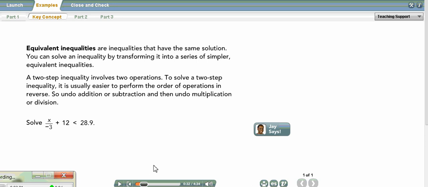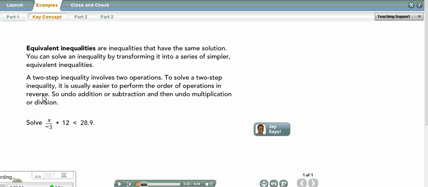Okay, so equivalent inequalities are simply inequalities that have the same solution. You can solve inequalities by transforming them into a series of simple, equivalent inequalities. A two-step inequality involves two operations. To solve a two-step inequality, it is usually easier to perform the order of operations in reverse.